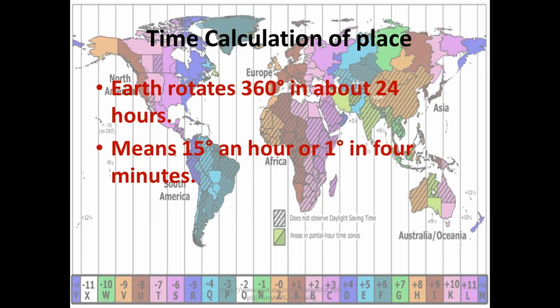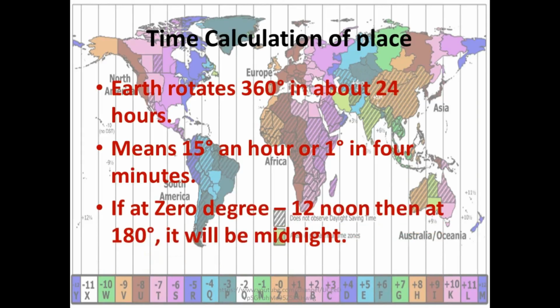So let us imagine the time is 12 o'clock at the prime meridian. Then what is the time in India? If we count the time in India with reference to the prime meridian, then we know how to calculate time with reference to meridians. Let us discuss the concept now.